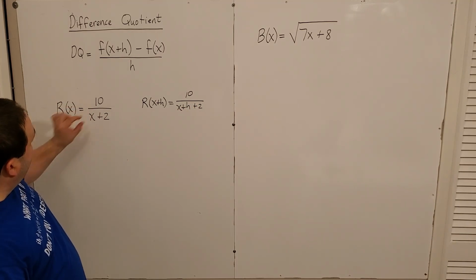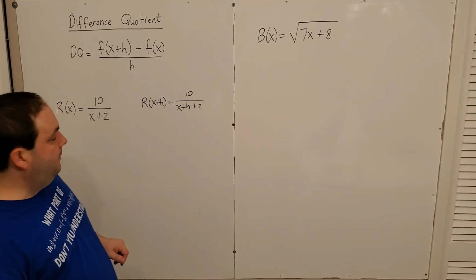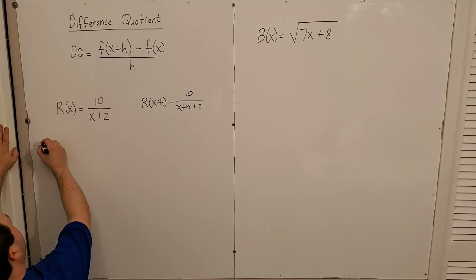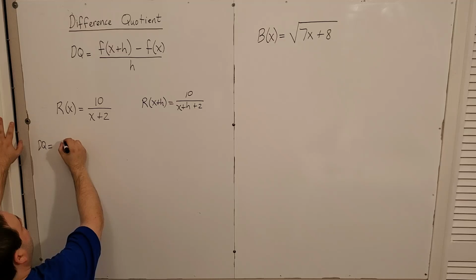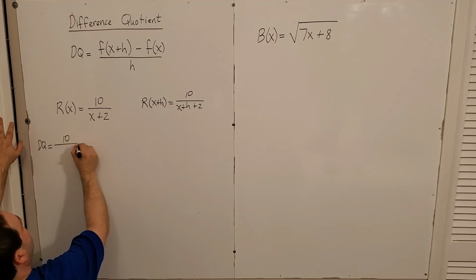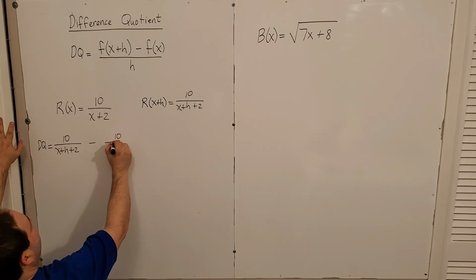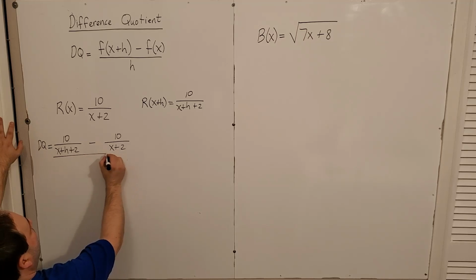I'm plugging in x plus h for x there. Okay, so to set up my difference quotient, I'm going to have that one minus this one. So that's 10 over x plus h plus 2 minus 10 over x plus 2, and then all of that over h.